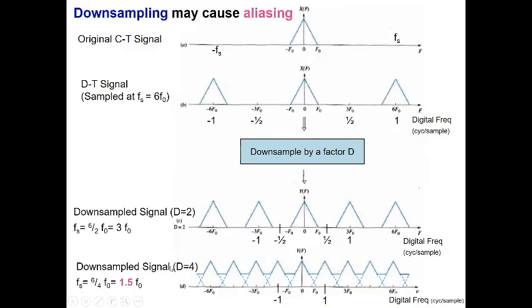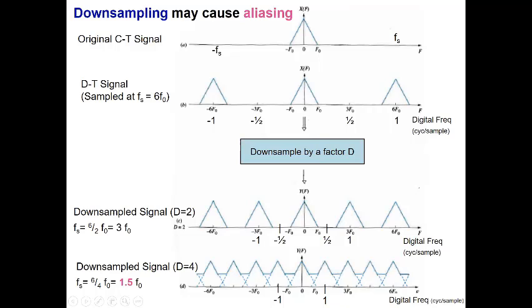But if I were to downsample by a factor of 4 from my original signal, then my sampling rate is only 1.5 times the upper band limit of my signal, not 2 times. And the spectral copies are going to start overlapping and give us some aliasing.